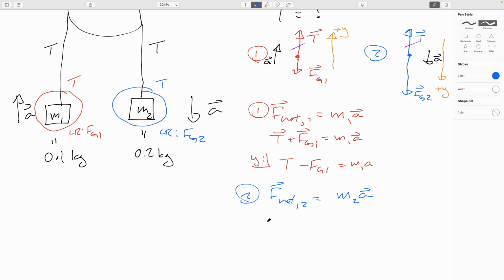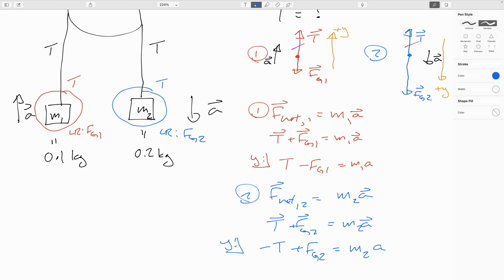So just writing the vector sum, this will be tension plus Fg2 as vectors equals m2a. And now we can go ahead and take the y component of that to get, well, here the tension now is pointing in the negative y direction. So I have to write minus T. Fg2 is pointed in the plus y direction, so I'd be writing plus Fg2. And this will equal m2 times a.